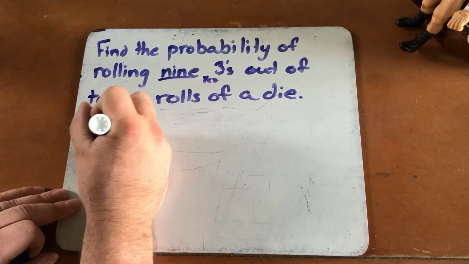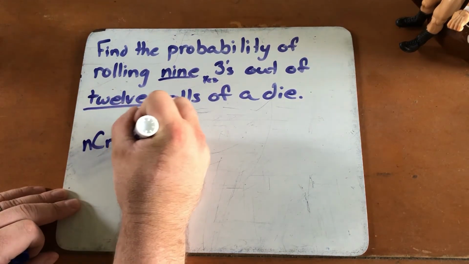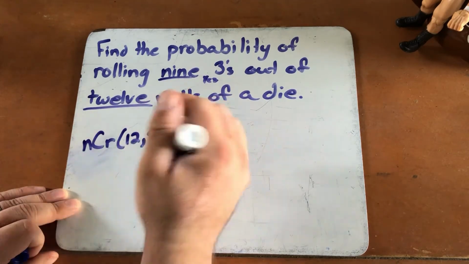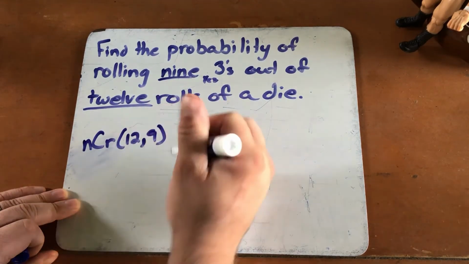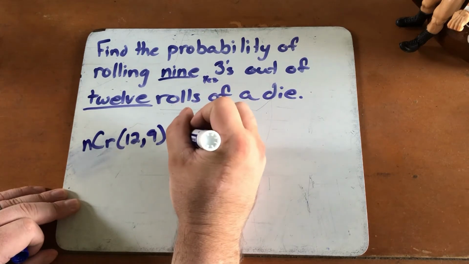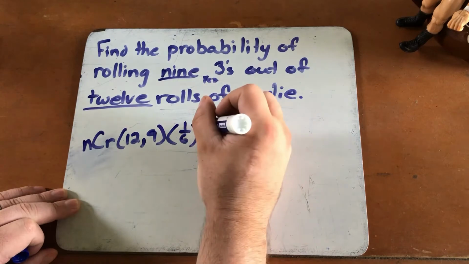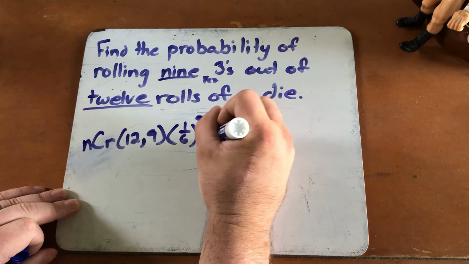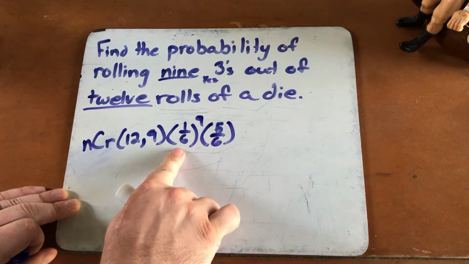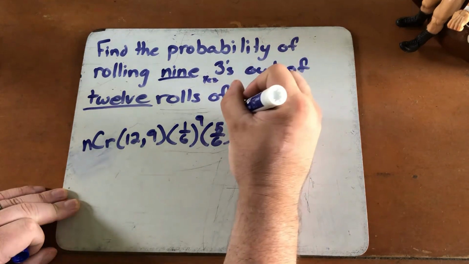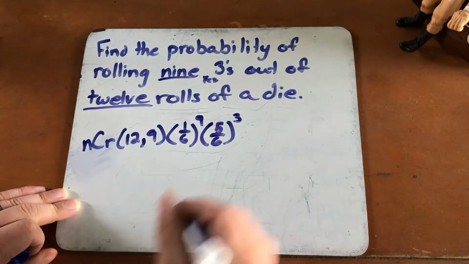So once again, I have nCr 12, 9. I'm trying to make a group of 9 out of 12 total rolls. The probability of success is 1/6, and I'm trying to have 9 successes. The probability of failure is 5/6, so when I do 1 minus 1/6, it equals 5/6, and there would be 3 failures.